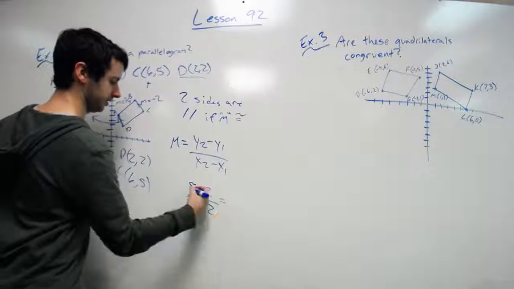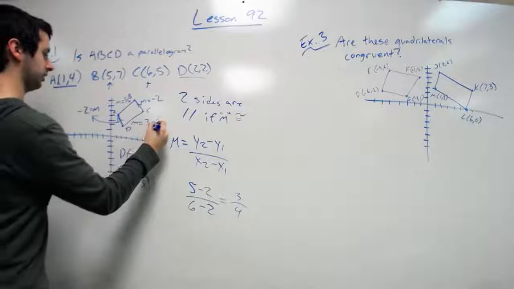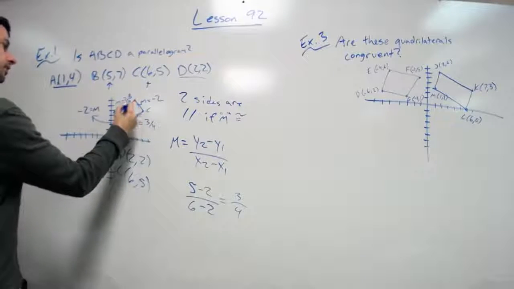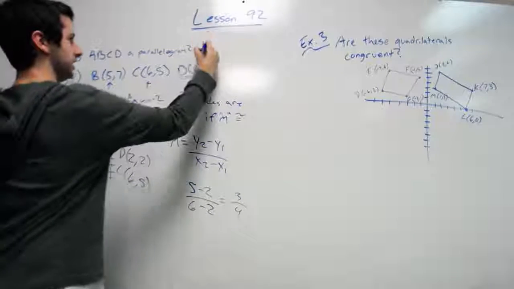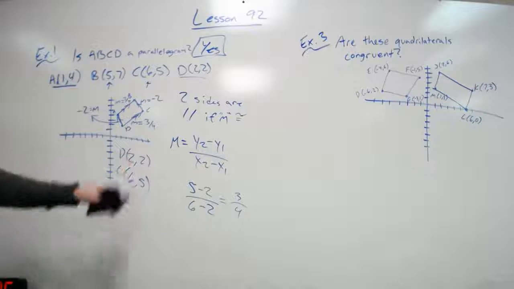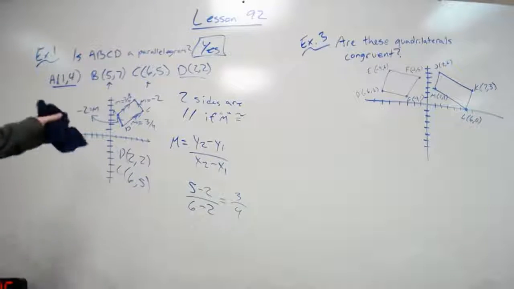And that solves to be 5 minus 2, 3 over 4. So the slope there is 3 over 4, so these two are parallel as well. So we can say yes, it is a parallelogram, and this is kind of the proof behind it. So that's how you prove parallelograms.